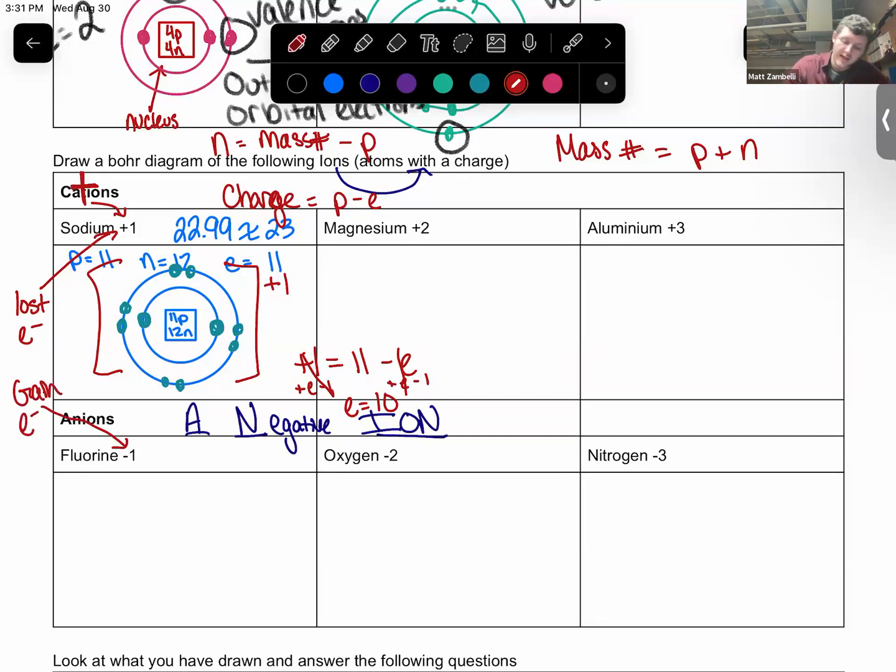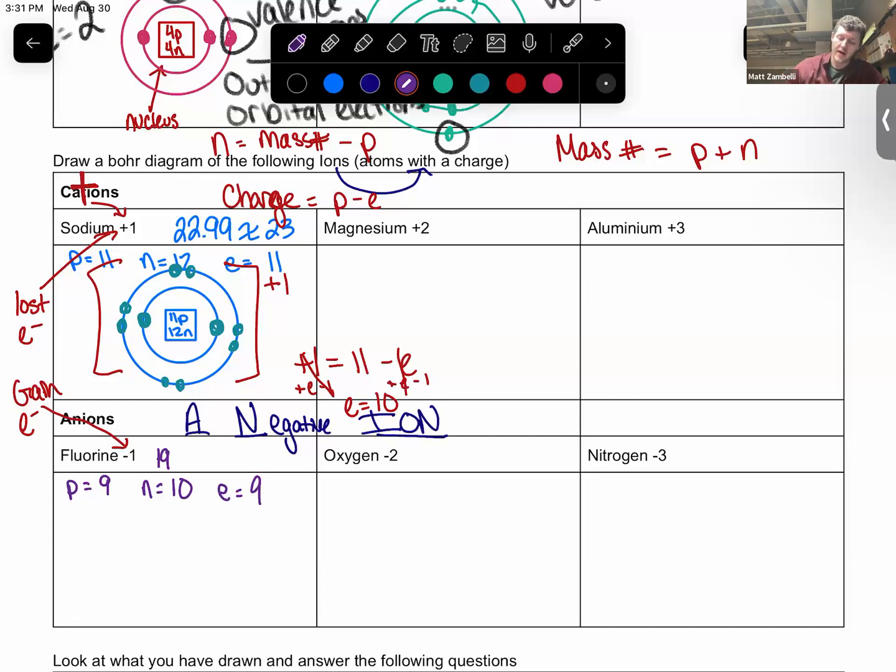All right, so originally, let's do this one again. So fluorine, protons equals 9. Neutrons, our mass number for this one is 19.00, so it's already 19, which means we have 10 neutrons, because 19 minus 9 is 10. And our electrons, we have 9 originally.